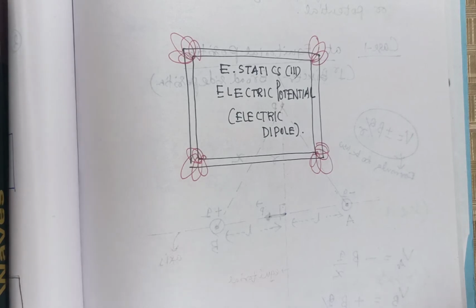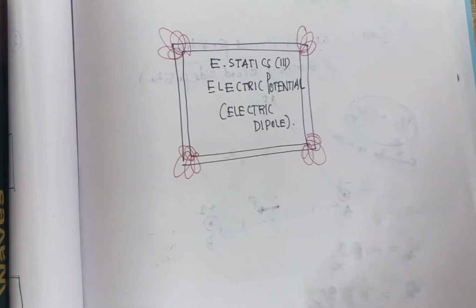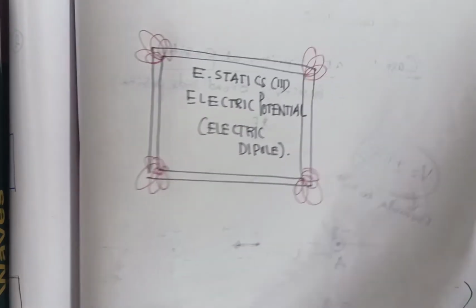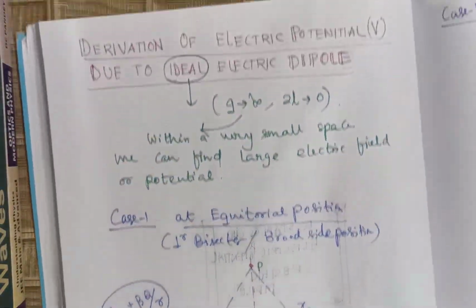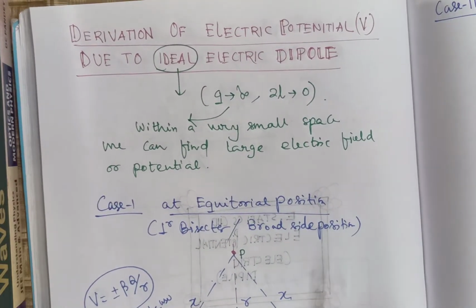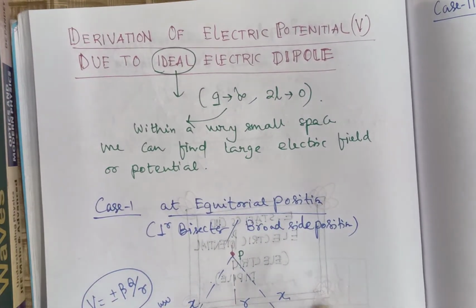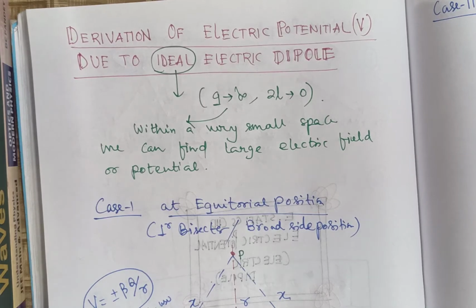Today we will discuss the same problem, electric potential due to a distribution of charge, that means for an ideal electric dipole. In the previous class we also discussed what an electric dipole is. Dipole means at two poles there are two charges of the same magnitude and opposite in nature.